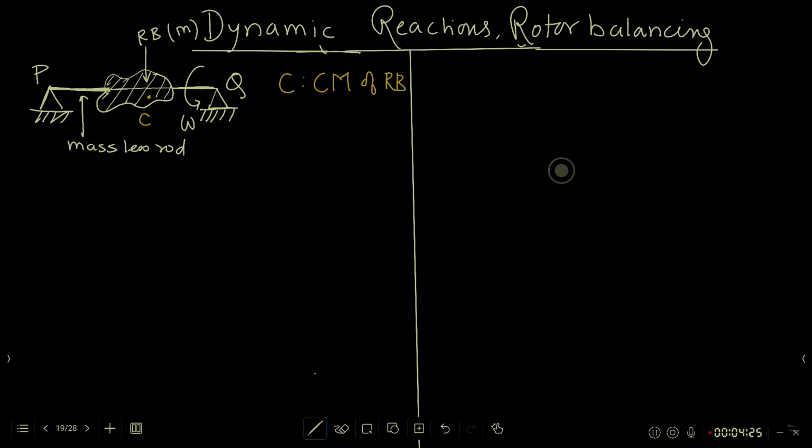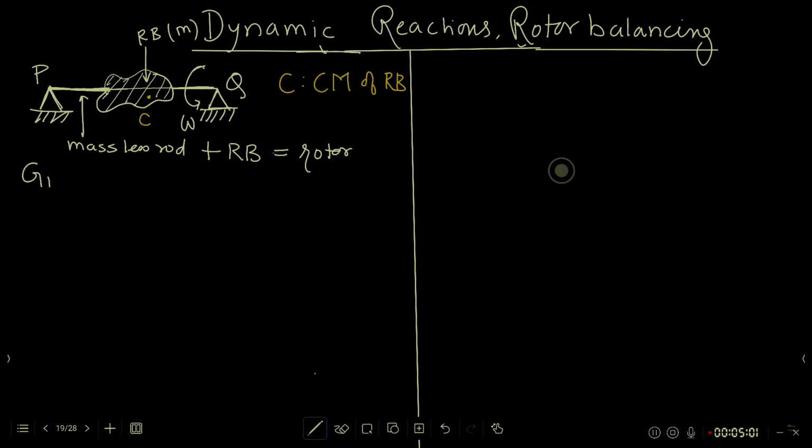This whole thing is supported at P and supported at Q, and this massless rod plus RB has the freedom to rotate with angular velocity omega the way I have shown. So this massless rod plus RB I am calling a rotor.